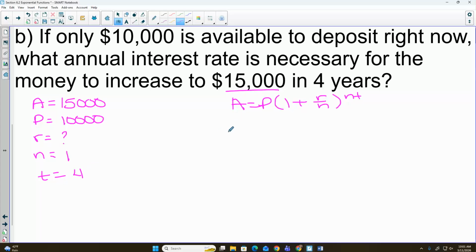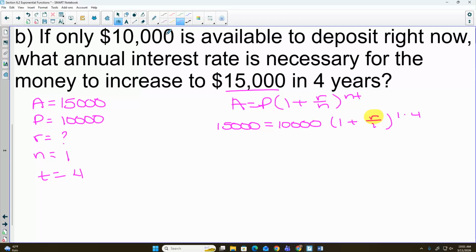All right. So plug in. A is 15,000. P is 10,000. 1 plus, I don't know R, N is 1, to the 1 times 4 power. Right, I have to solve this thing for R, so we do have to get R by itself.